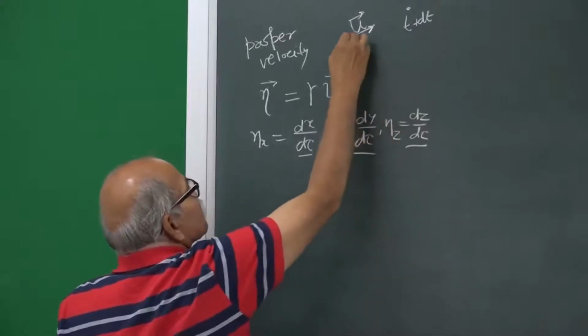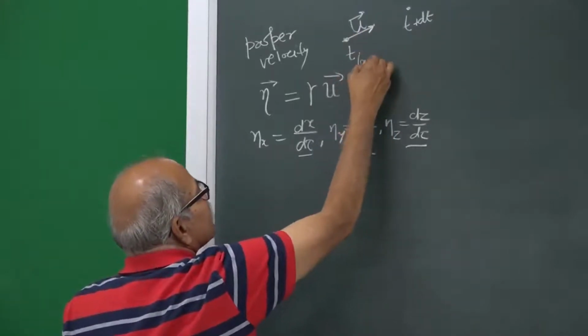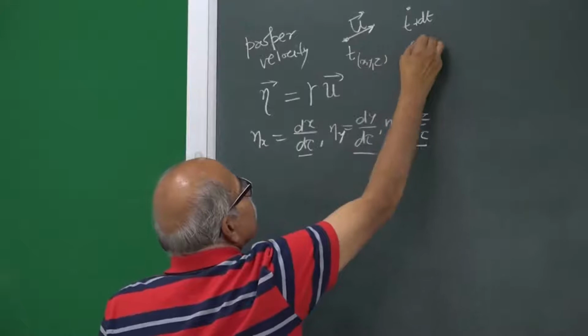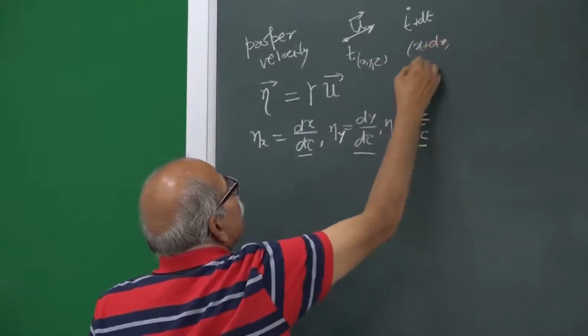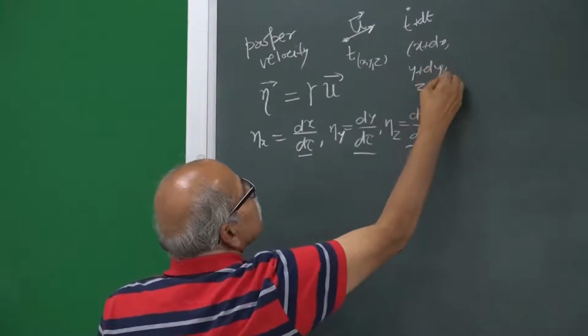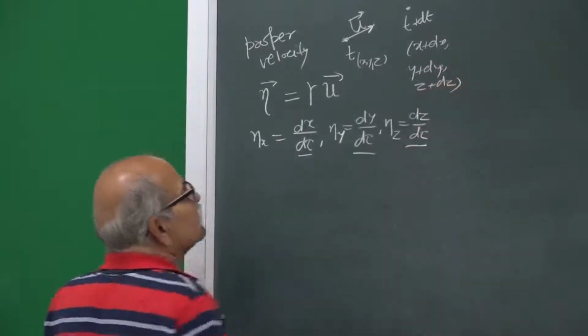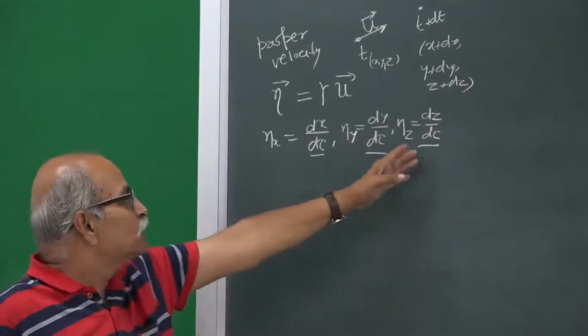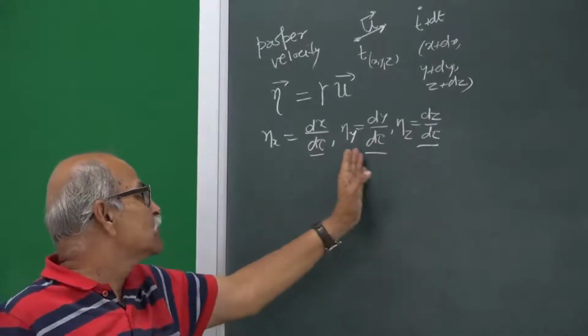This location is x y z, and this location is x plus dx, y plus dy, z plus dz. So, these are the two events, and this is the proper time interval between these two events.